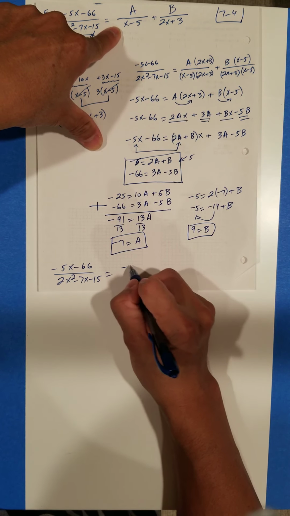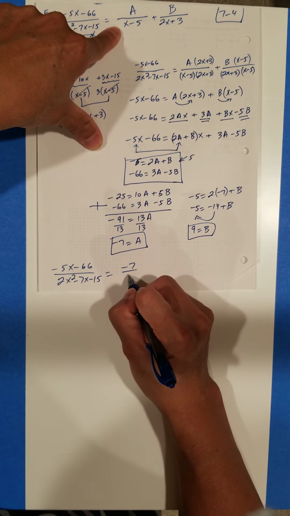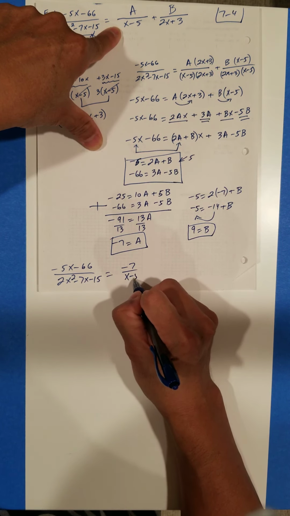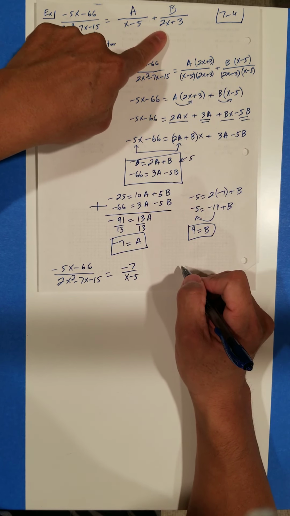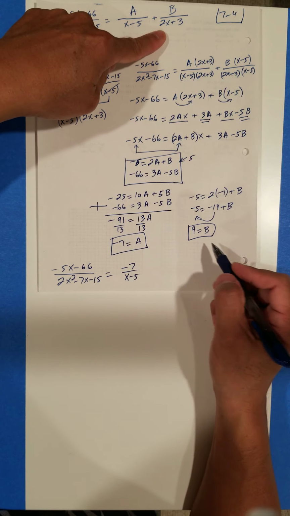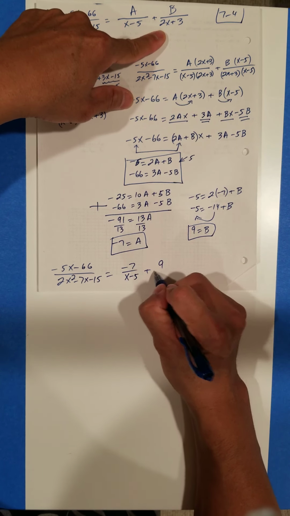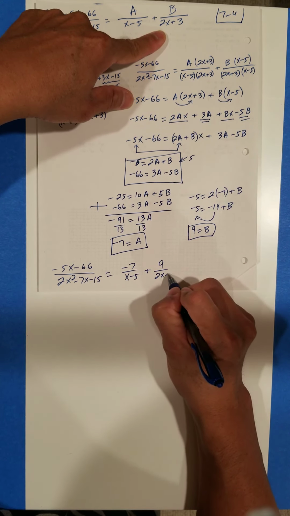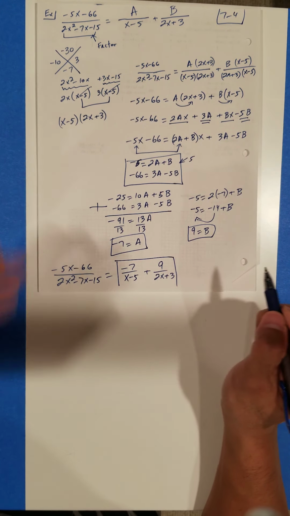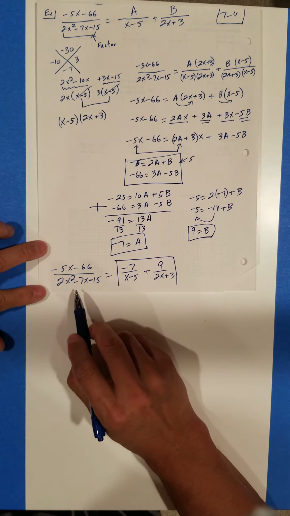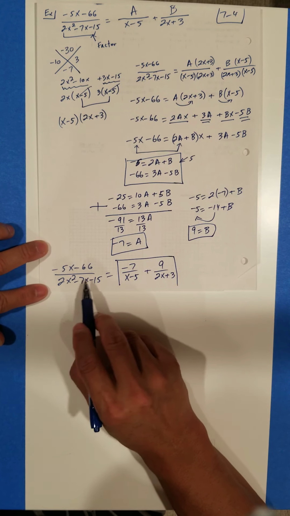Well, a is negative 7. A over x minus 5, a we found is negative 7. Look up here. This says b over 2x plus 3. And what is b? B is 9, over 2x plus 3. There's my answer.